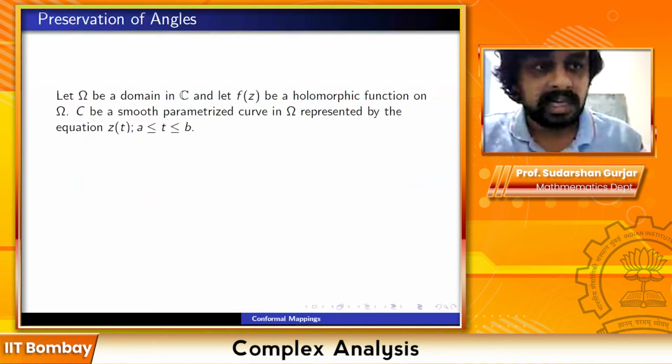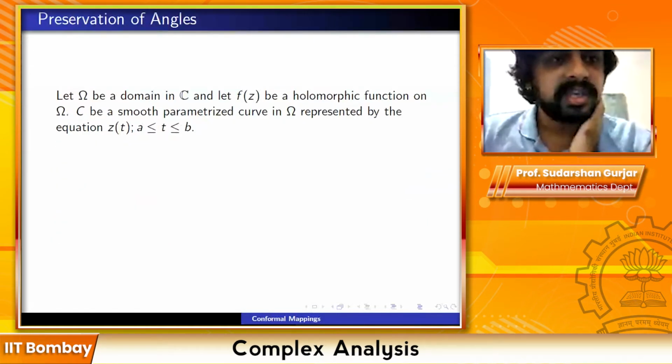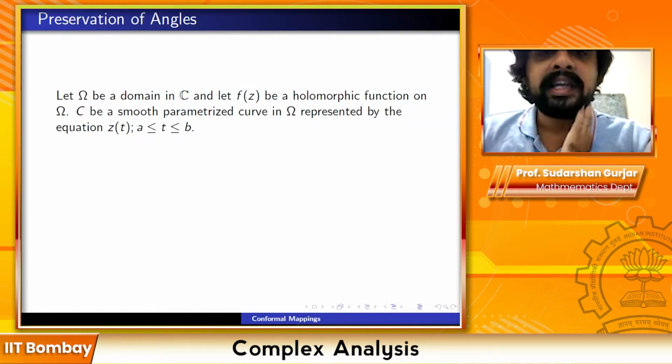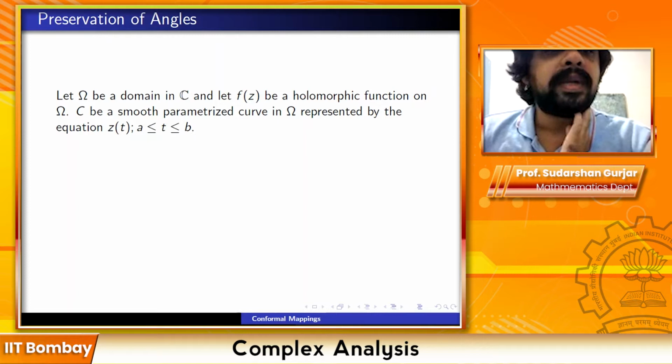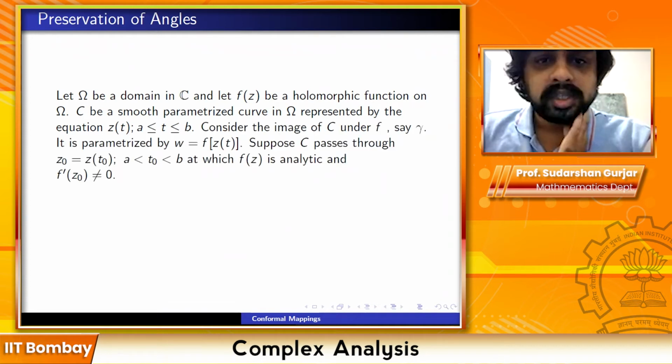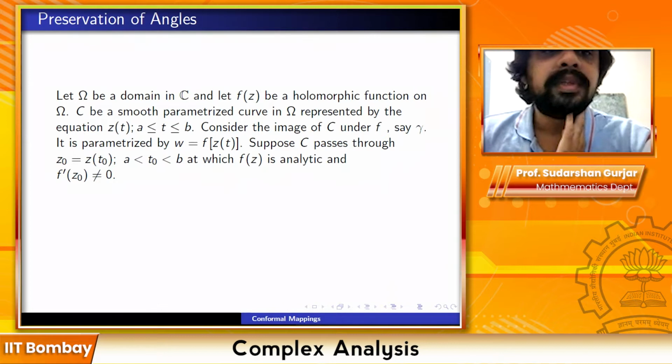So let's start with the precise definitions. Begin with an open domain in C, omega, and let f be a holomorphic function on omega. C is a smooth parameterized curve in omega, represented by the equation z of t, a less than or equal to t less than or equal to b. Now consider the image of C under f and call it gamma.